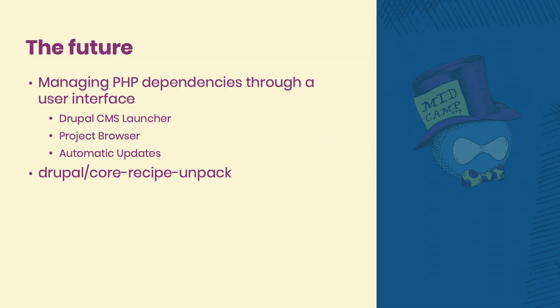And there are three instances of that happening right now, including the Drupal CMS launcher, automatic updates, and Project Browser. And then just a week and a half ago, a new package was released that helps make working with recipes better. It's called Core Recipe Unpack. When you add a recipe as a dependency, this plugin takes the dependencies that the recipe has and moves them into your core Composer file.